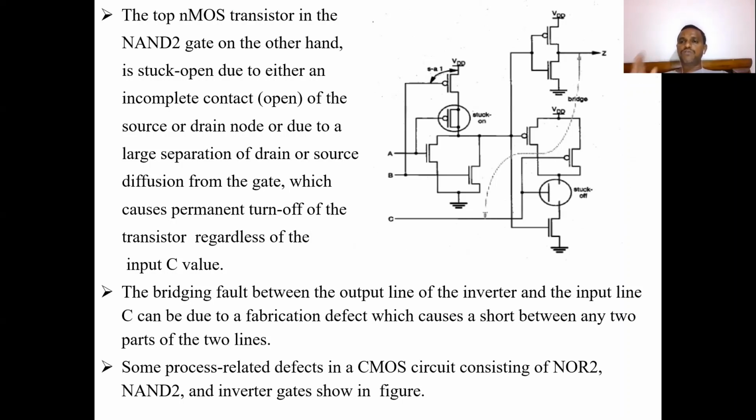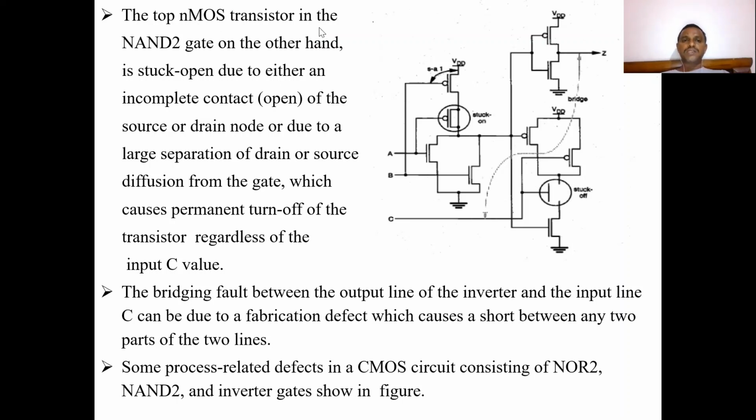The exact opposite takes place in a NAND gate, that is, both PMOS will be in parallel and NMOS will be in series. Here, if you observe the NMOS transistors, this is the top one and this is the bottom one.